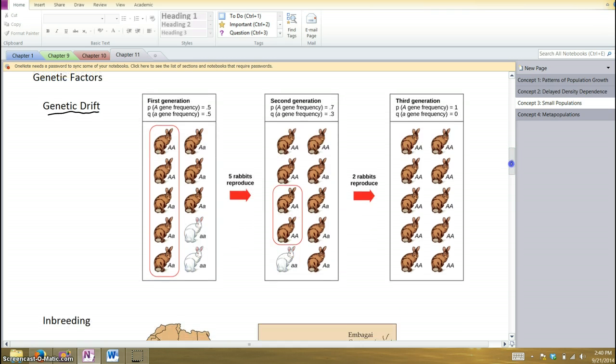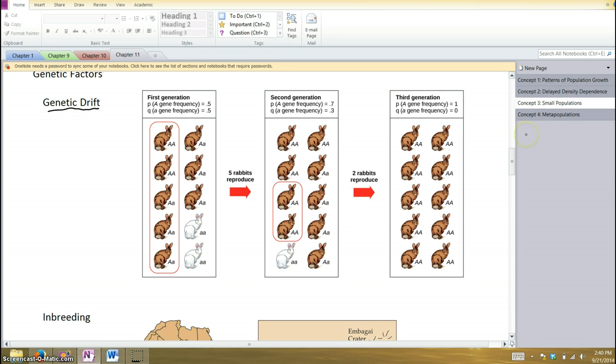So, for example, you see in this relatively small population of 10 rabbits, 20% of them are white. Well, if in one year only 5 of them reproduce, and let's say that's random as to who that is, and it just so happens to be only the brown ones, you can see that the population of white ones decreases.